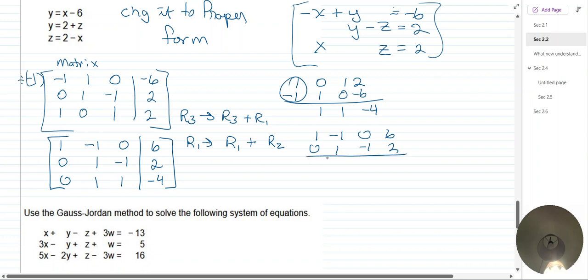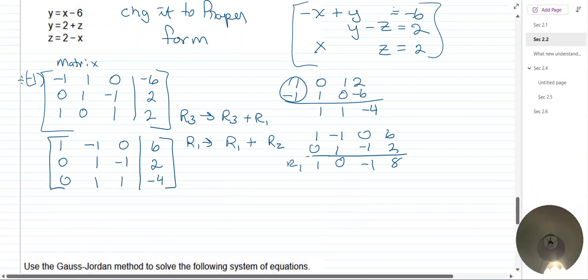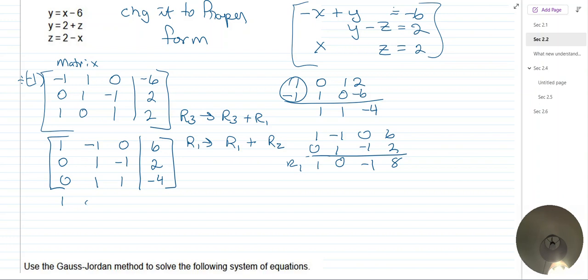And this guy becomes 1, 0, -1, and 8. This is the new row 1. All right, so let's look at that. We're going to do it by calculator because you can see all this little math would drive you nuts. 1, 0, -1, and 8. 0, 1, -1, and 2. And 0, 1, 1, and -4.